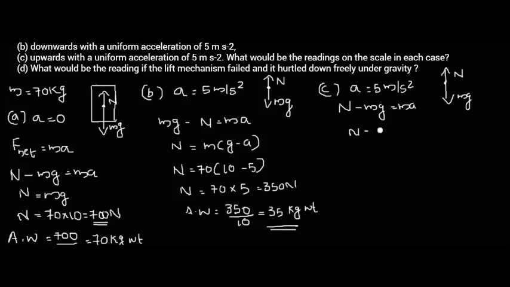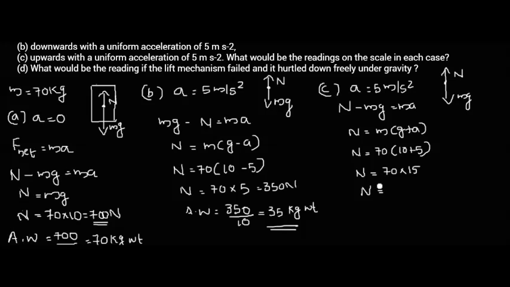From this, normal reaction N is equal to m into g plus a, or N is equal to 70 into 10 plus 5. That is, N is equal to 70 into 15.